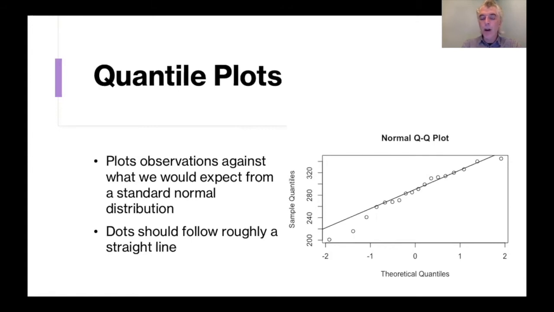And so if our observations are normally distributed, we expect the dots to fall along this straight line.